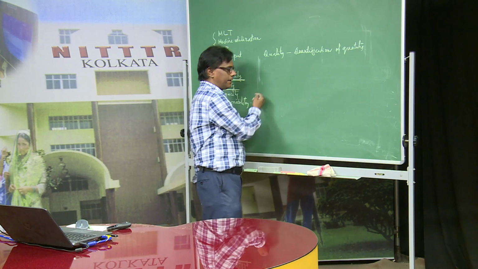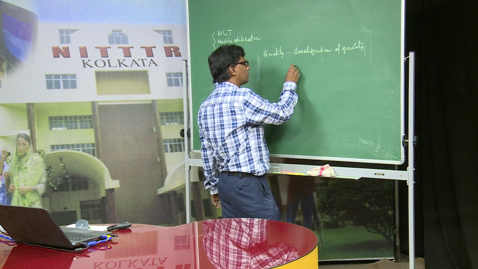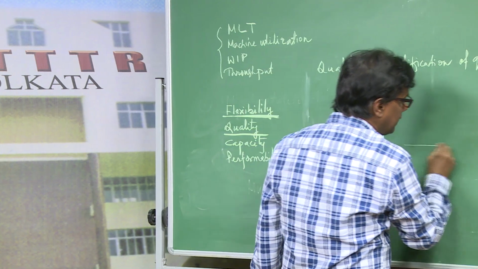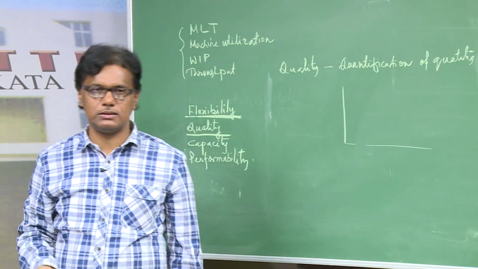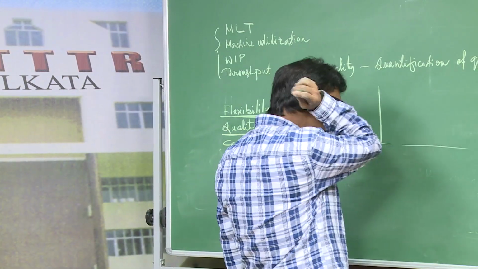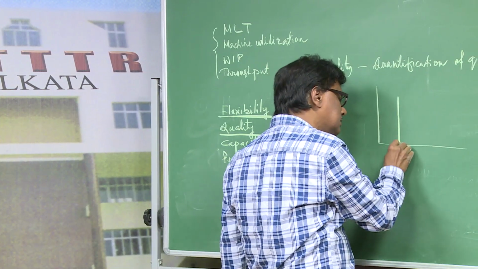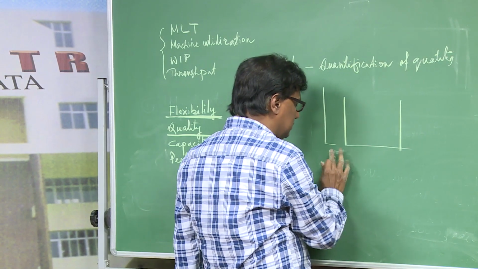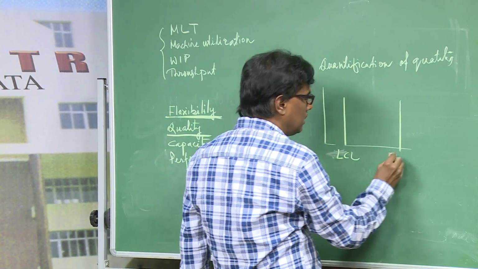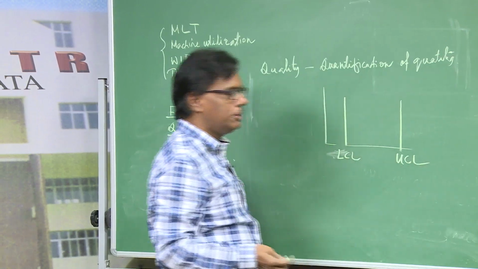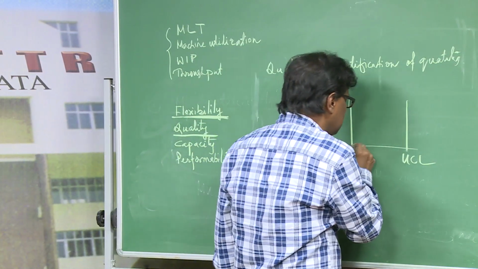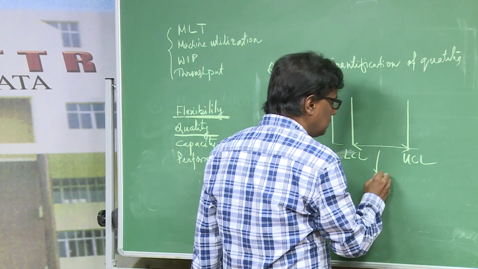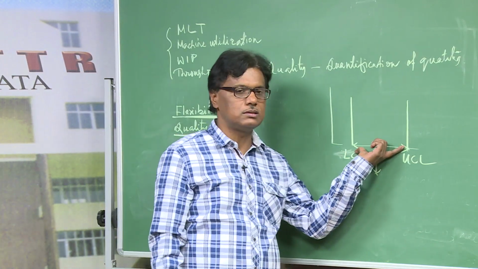Traditionally it was assumed that any deviation from the desired size, say within the lower control limit and upper control limit, if a product lies within this zone, the quality of the product is good enough.